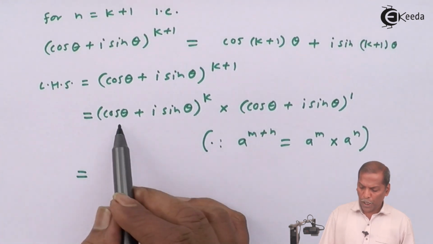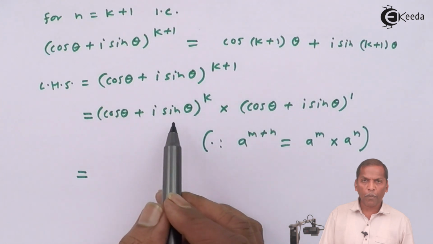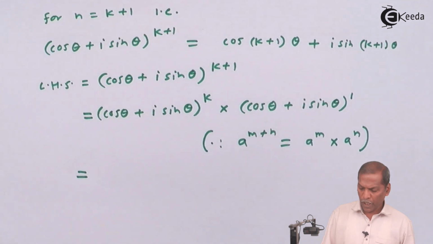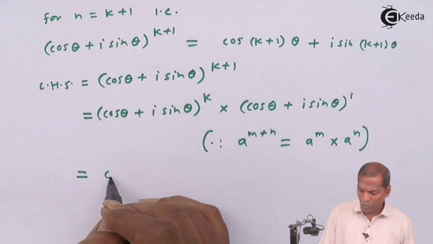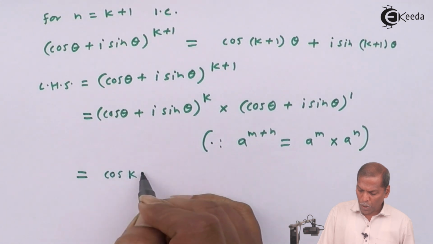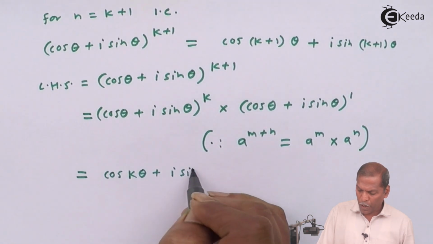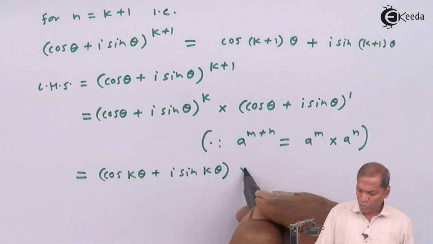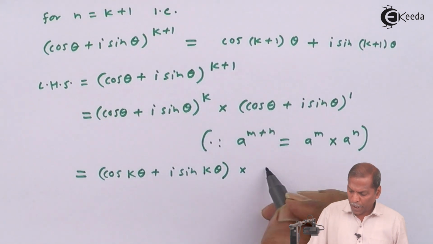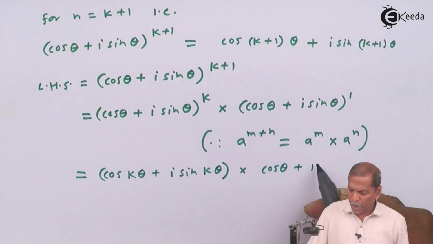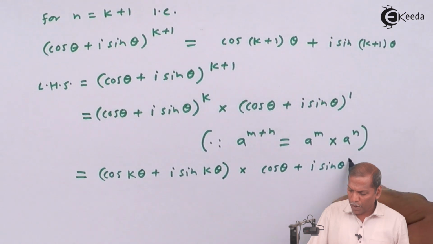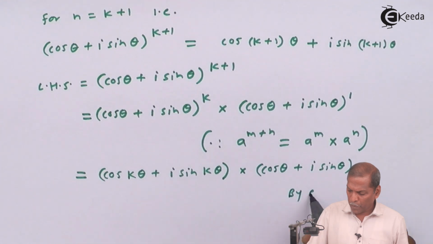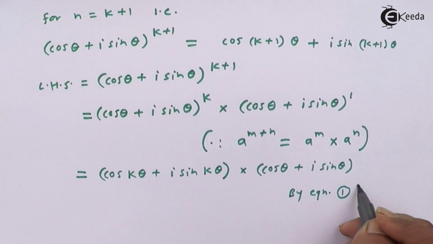Now for (cos theta plus i sin theta) raised to k, by using equation 1 we can write it as (cos of k theta plus i sin of k theta) into the second bracket (cos theta plus i sin theta).